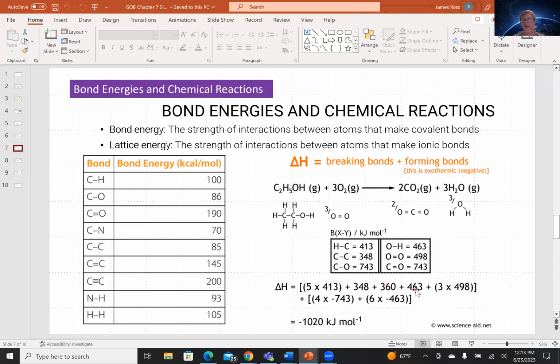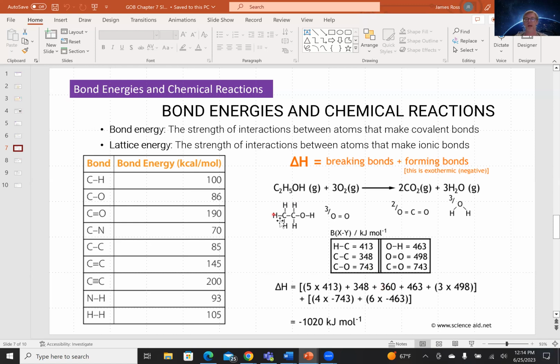This 463 is the OH bond. Yeah, I think that 360 is supposed to be the CO bond, right? I'm pretty sure that is meant to be the 743. Okay, I'll double check the calculation in a minute.